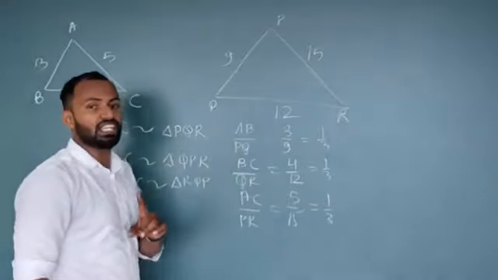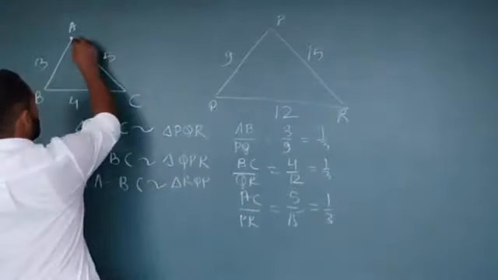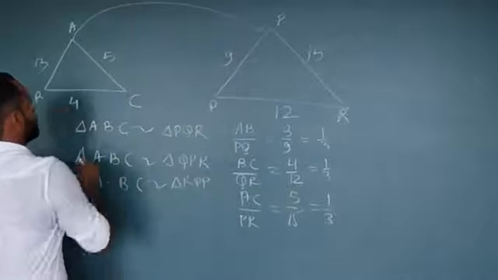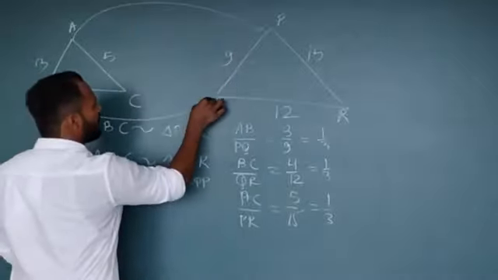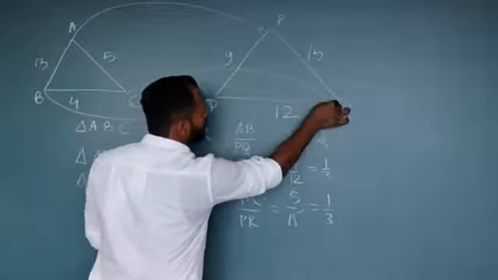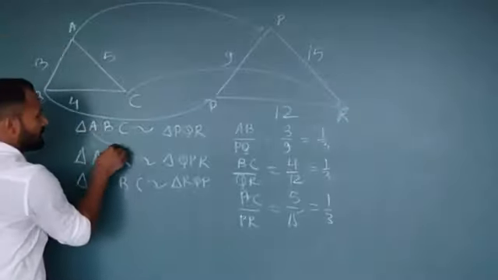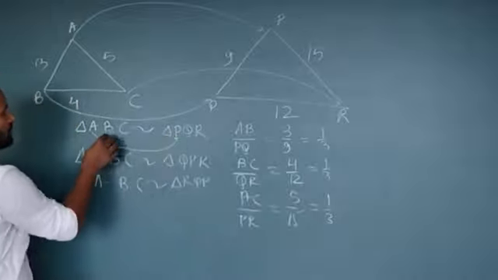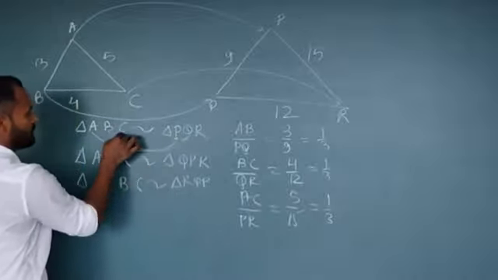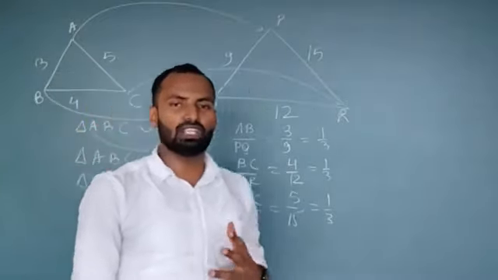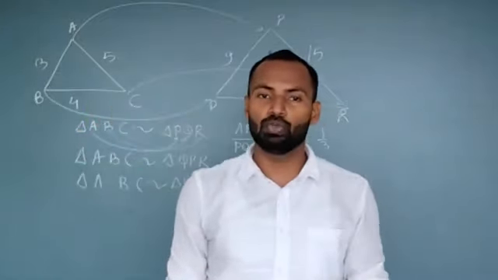From there I can conclude that corresponding to A, point P is there, corresponding to B you have Q, corresponding to C you have R. So in the triangle, A should come first then P, B first then Q, and C first then R. So both the triangles are similar to each other.